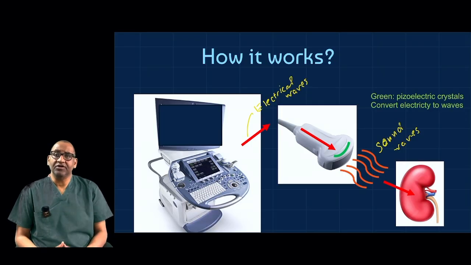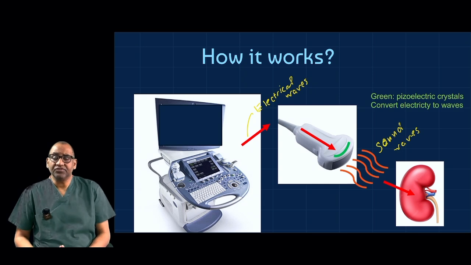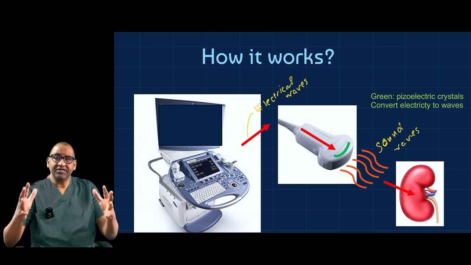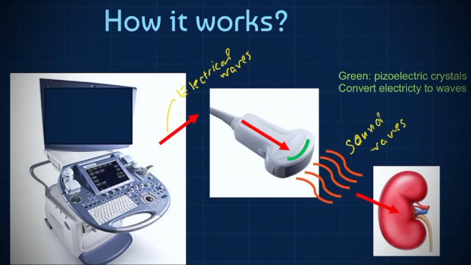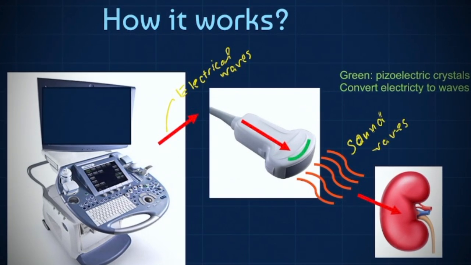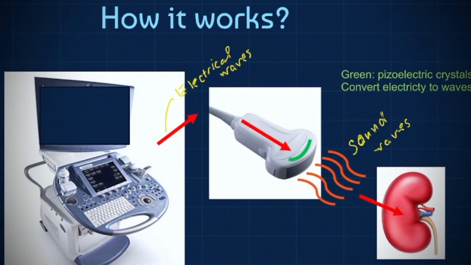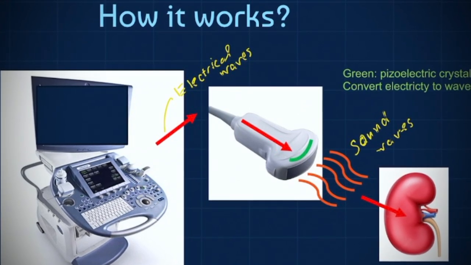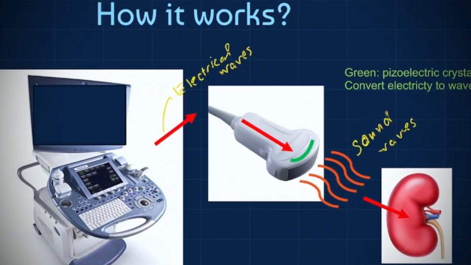So how it works in a nutshell: the machine itself transmits an electrical wave through the wire into your probe. And on the top of the probe, this is where all the magic happens.